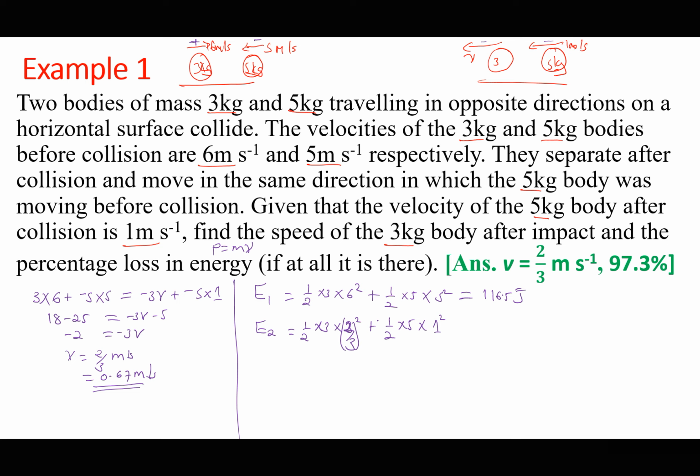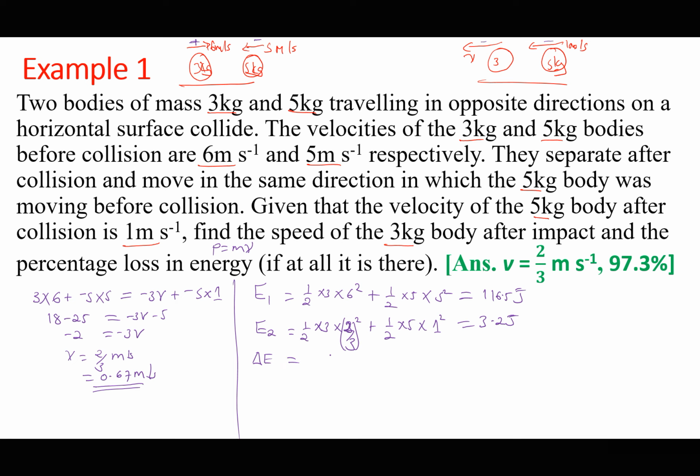I'll check my calculator here. So this gives me 3.2 joules.